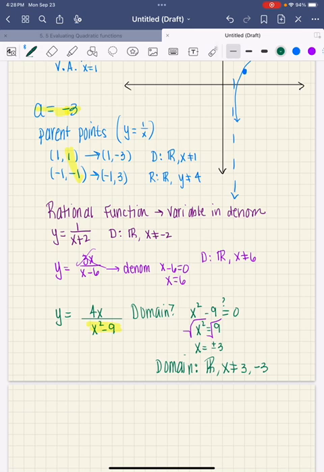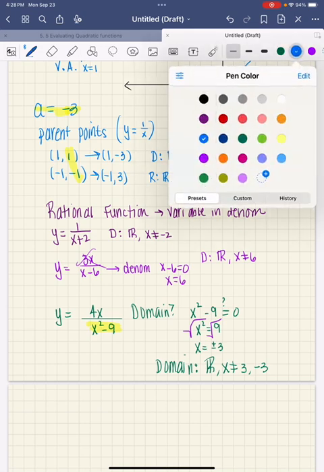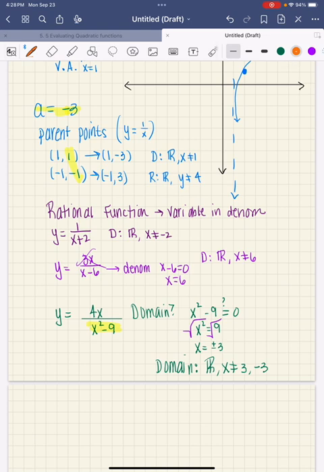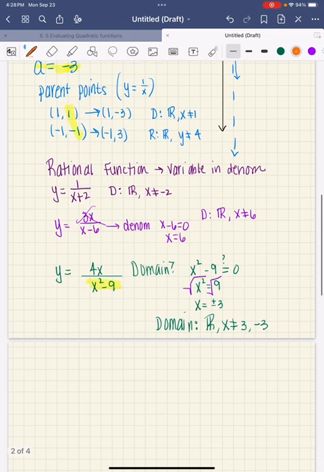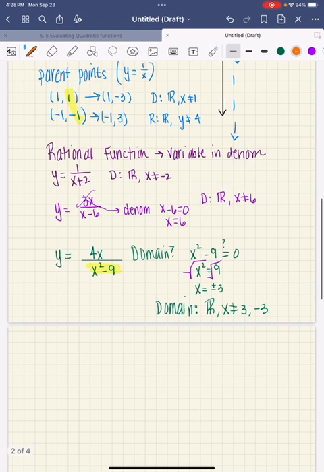Okay, I'm going to do one more. How about some function, whatever, x plus 17 over, don't care, the x plus 17 has 0 effect on the domain.